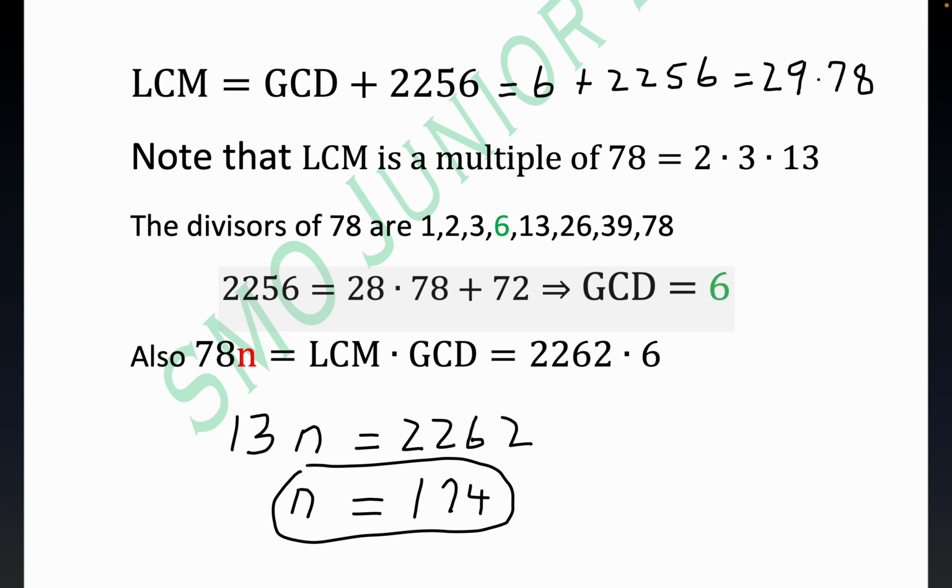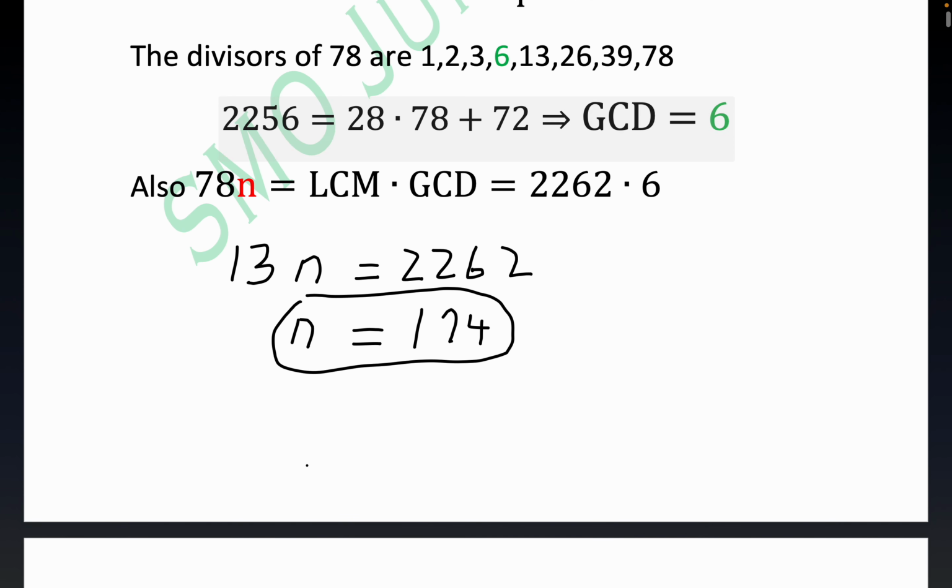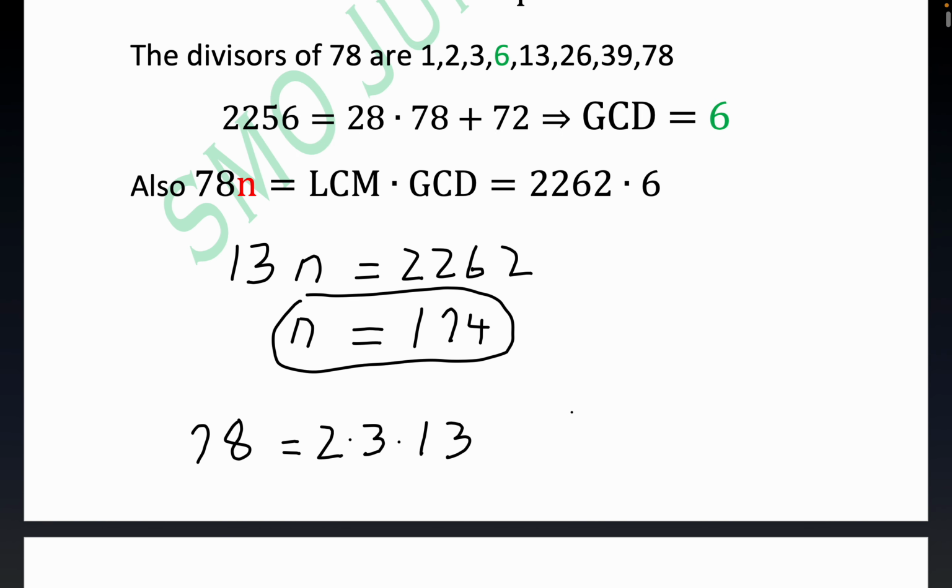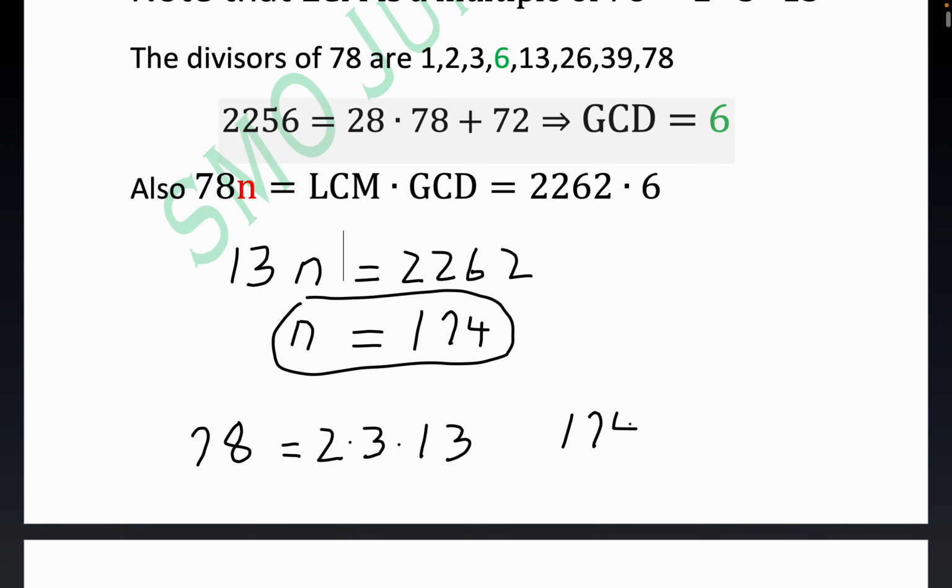So let's see what's up with that. We've already seen that 78 is equal to 2 times 3 times 13. That's the prime factorization. 6 times 13 is 78, right? Now it turns out 174 is equal to 2 times 3 times 29.